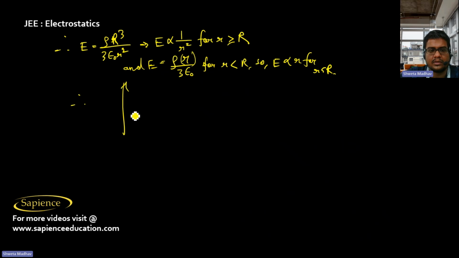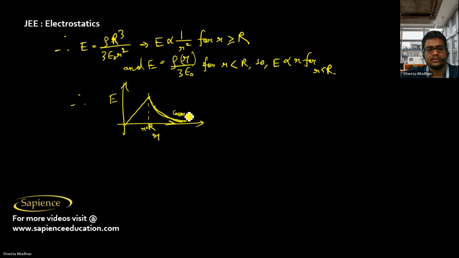Initially the electric field versus r will be a straight line passing through the origin, and at r equal to R the graph will change to a 1 by r square variation, which is a curve. So option D is the correct answer.